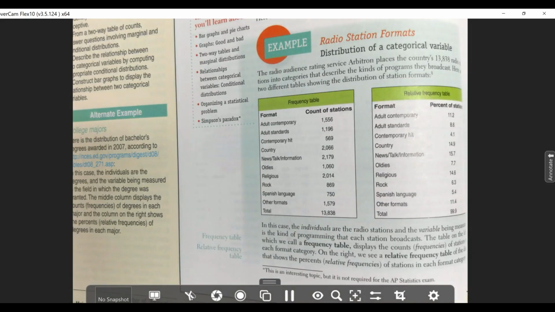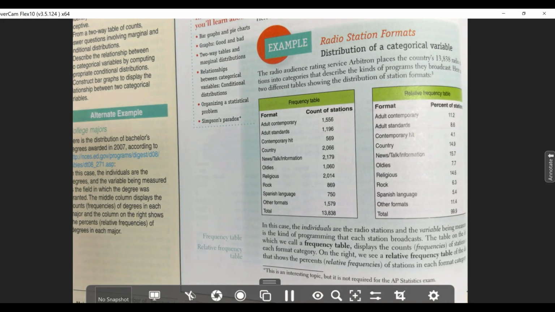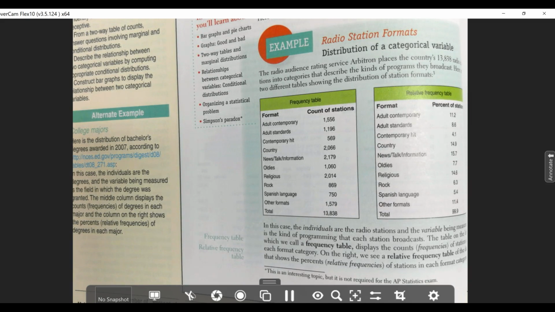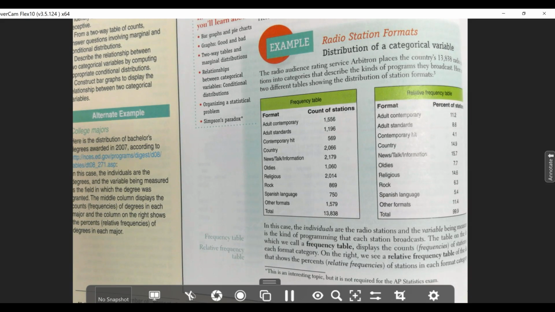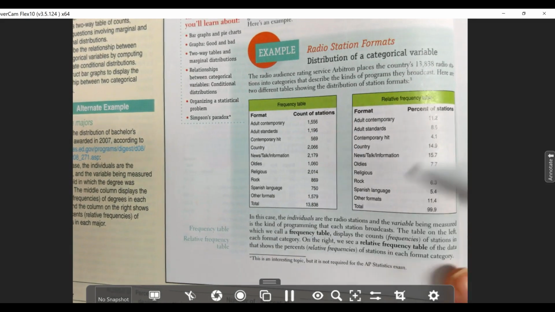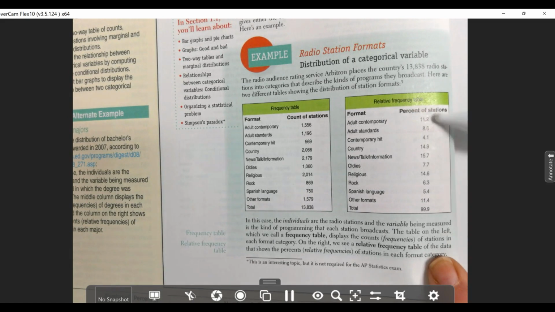So we have a frequency table that shows a radio station and basically the count of stations that fall into each of those types of radio stations. So that is a frequency table. Then that same exact information is taken and converted to a relative frequency table, and here it's presenting the percentages.